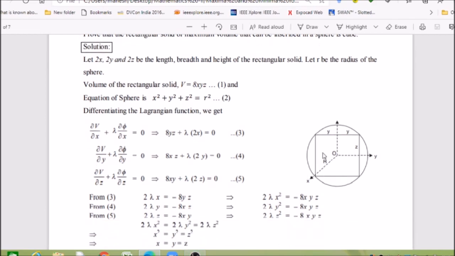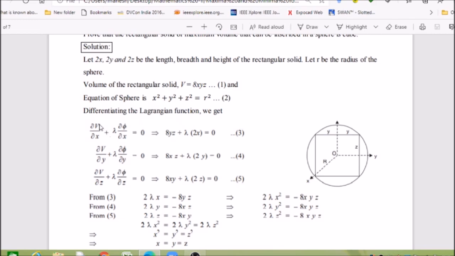So if you see in the picture, this is the sphere and we have inscribed a rectangular solid, and we have to prove that the rectangular solid is a cube. That means x is equal to y is equal to z. So differentiate the Lagrangian function.